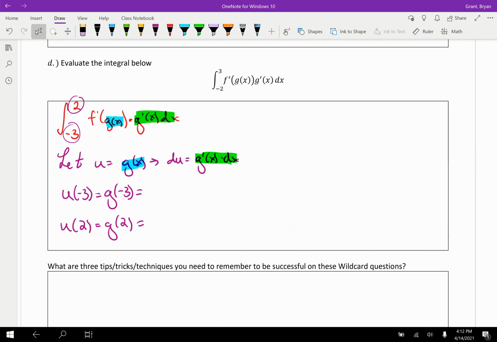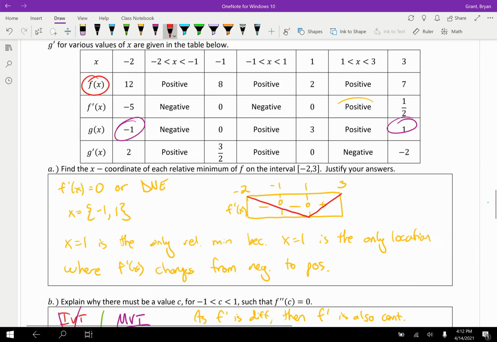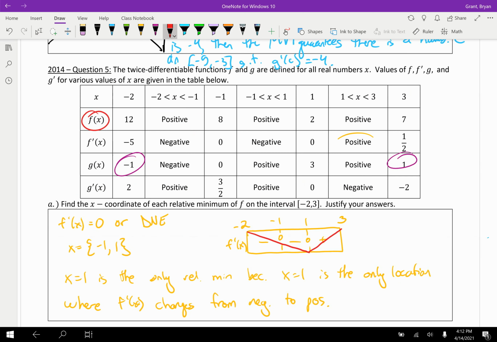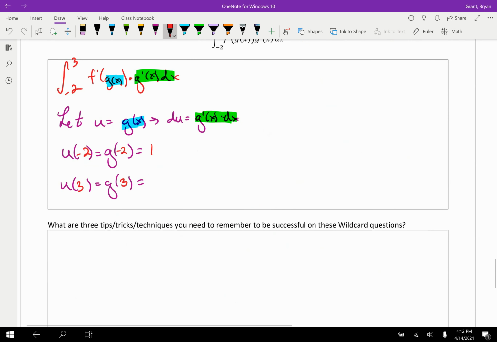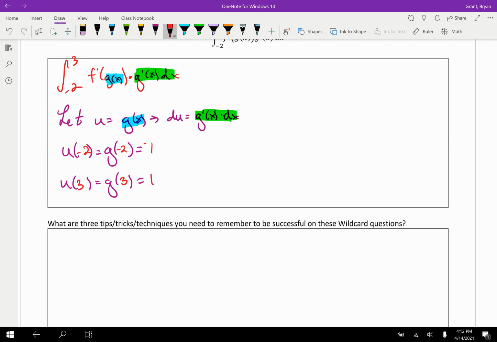And I just wrote that backwards. I got it. Okay, let's fix this. Awkward. There we go. So -2 and 3, -2 and 3. Now I've completely forgot which one was what, but g of -2 is -1 and +1. There we go. -1, +1. All right, we're back in action.